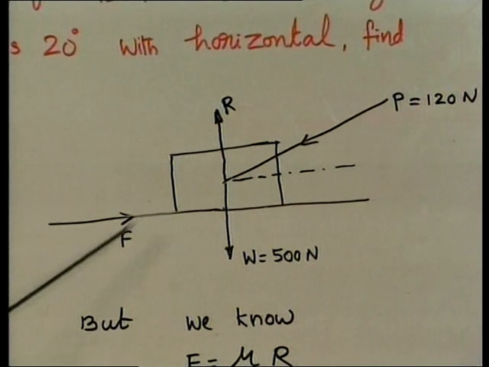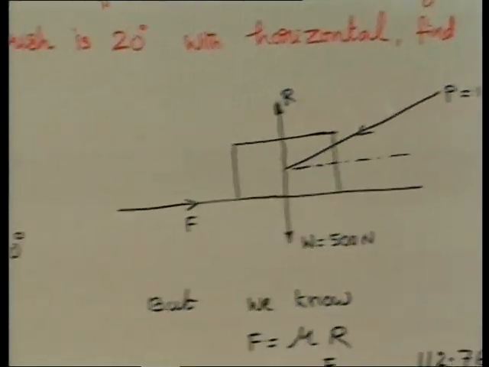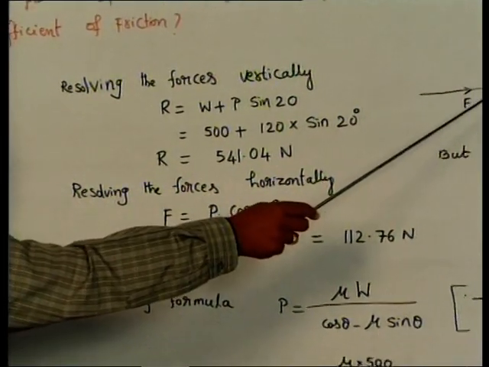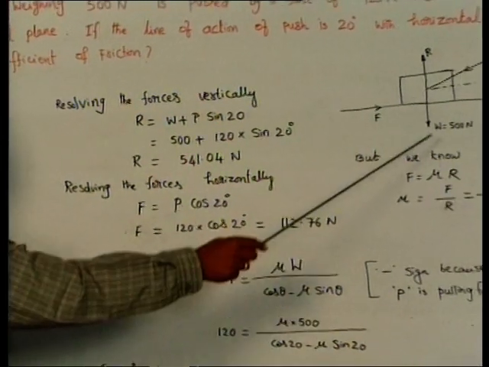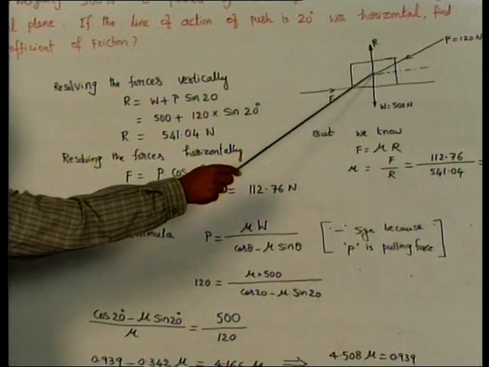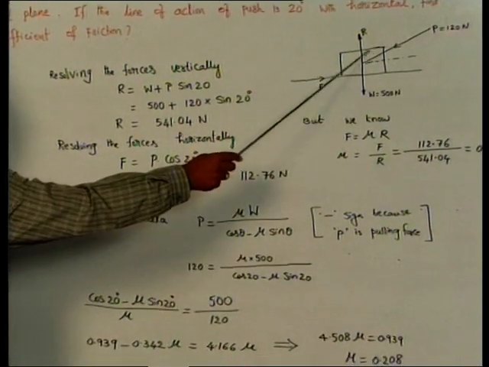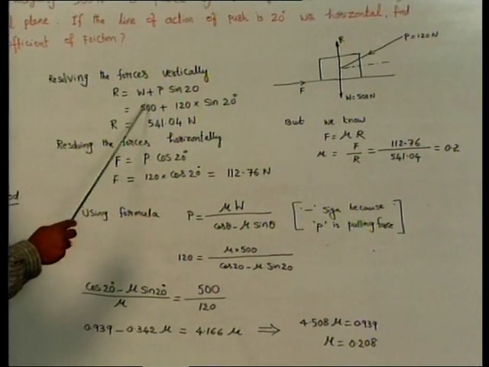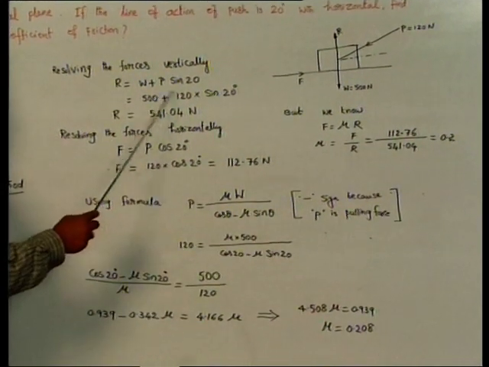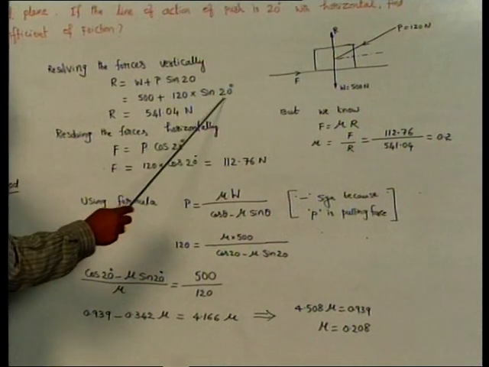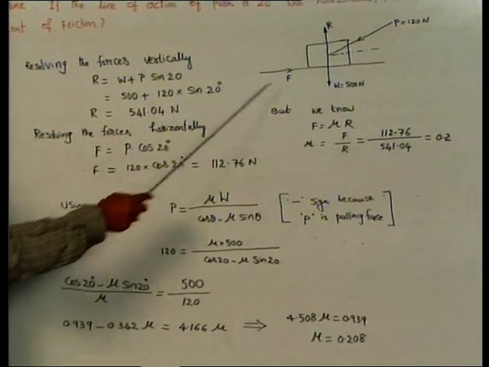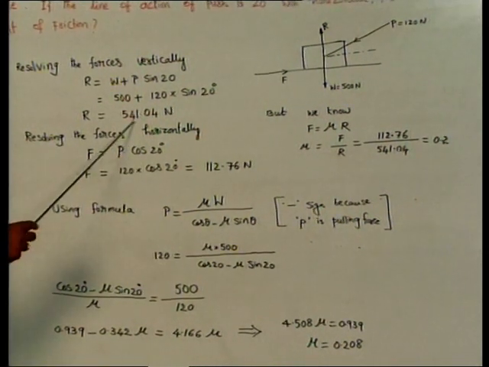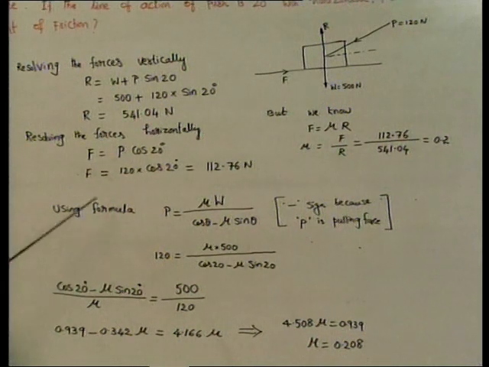Now, for the equilibrium of the body, let us resolve all the forces vertically. The vertical force, upward force, that is R, is equal to downward force W plus P sin 20, that is also acting downward. So, we have an equation. Substituting the values, W is 500 and P is 120 and theta is 20 degree, this angle is 20 degree. So, we will get R as 541.04 Newton.